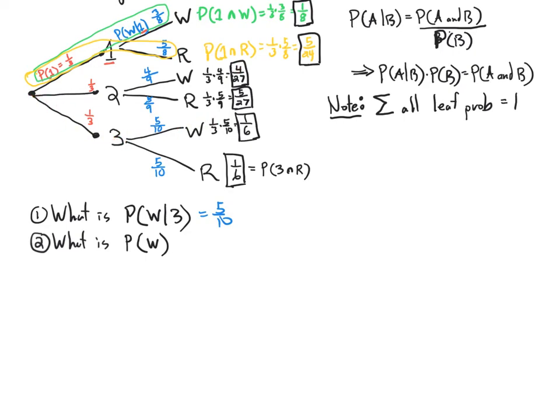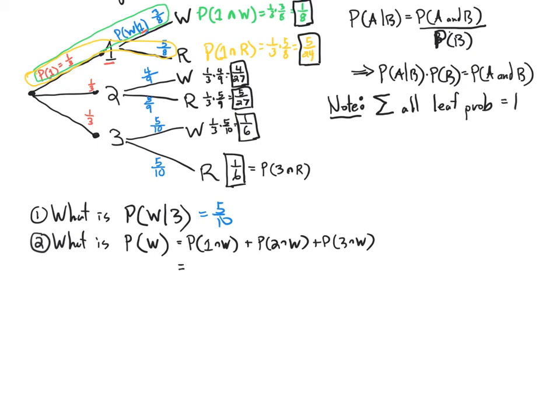And remember, all these guys are mutually exclusive. So this is going to be the probability that we have a 1 and a white, plus the probability that we have a 2 and a white, plus the probability we have a 3 and a white. And we have all of those probabilities. We just have to add them together.